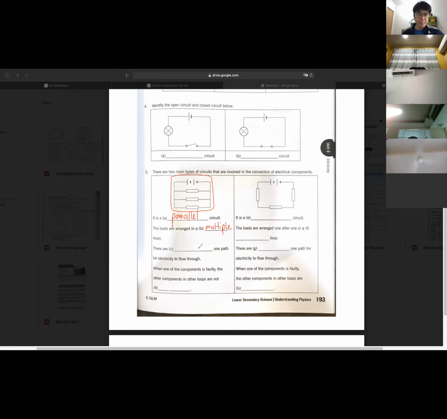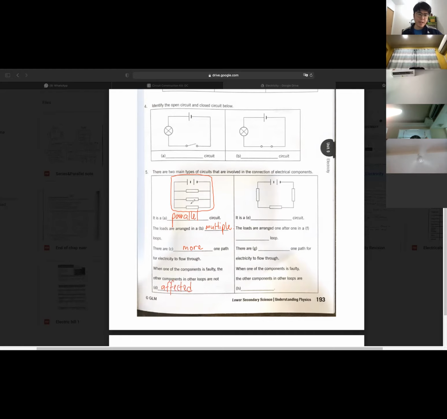There is more than one path for electricity to flow. And when one of the components is faulty, the other components in other loops are what? Not affected. Okay, yes, correct.